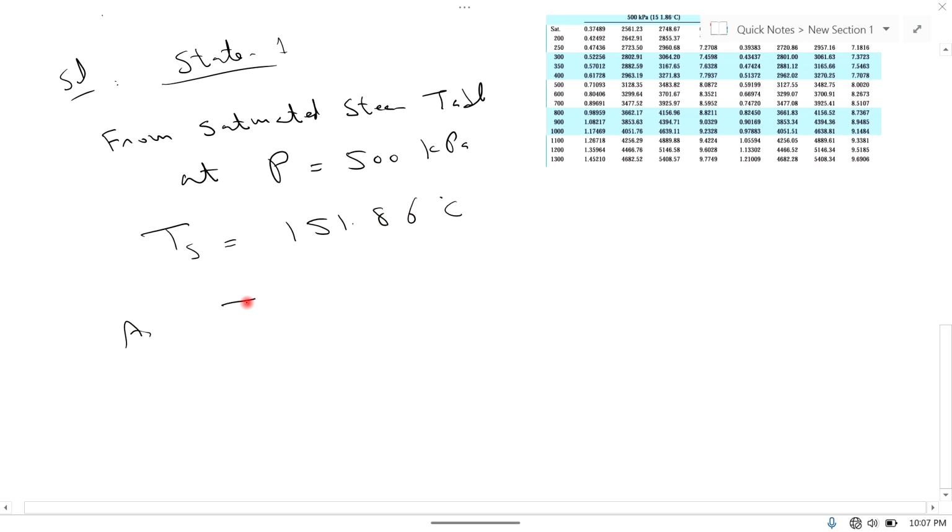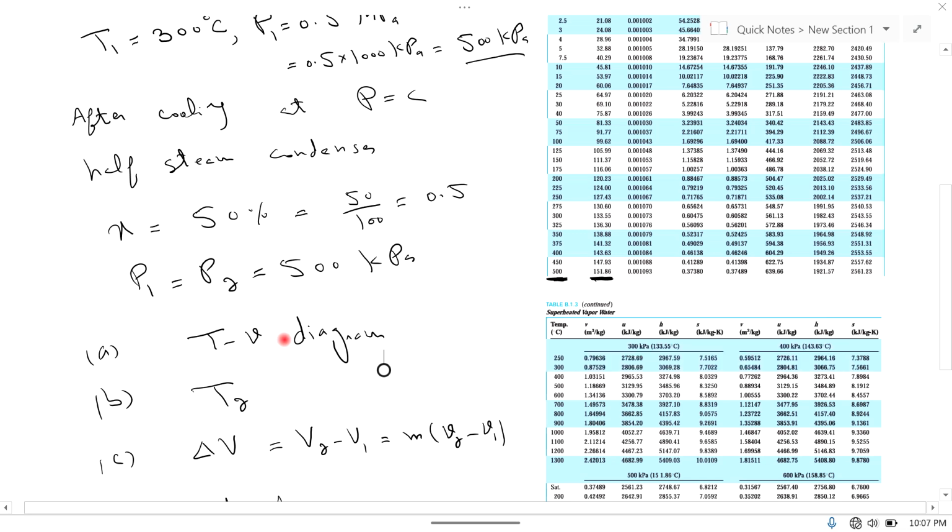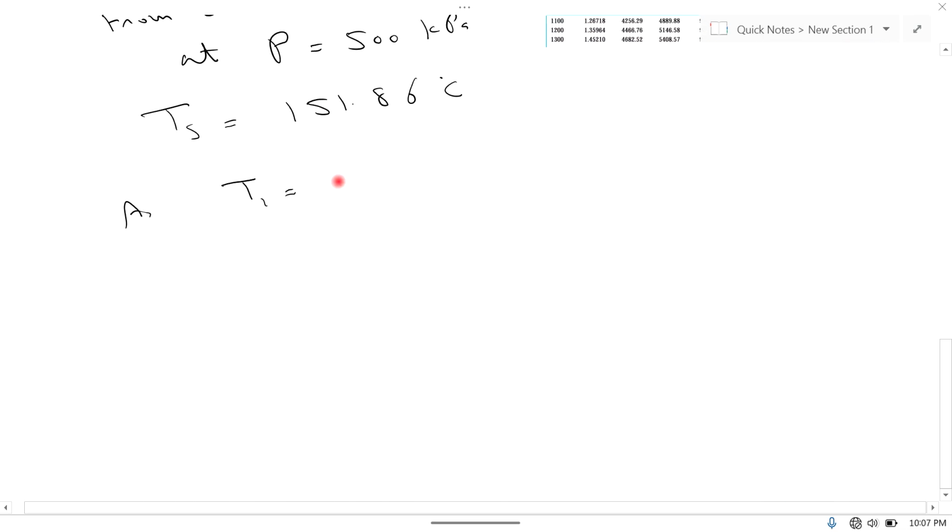As the temperature given to us, 300 degree centigrade, is greater than Ts, the steam is initially superheated.